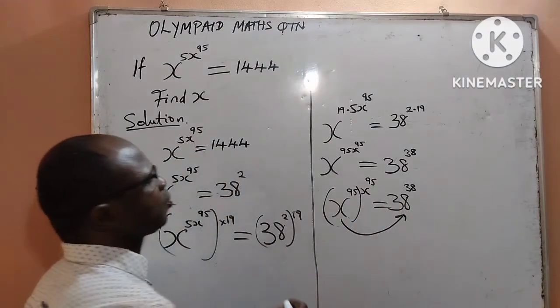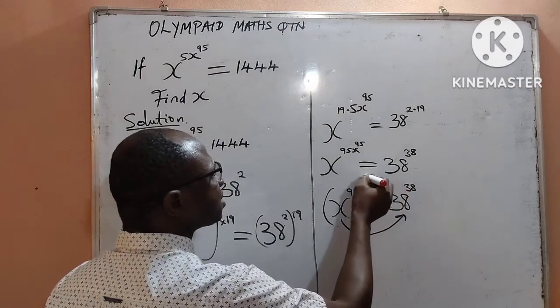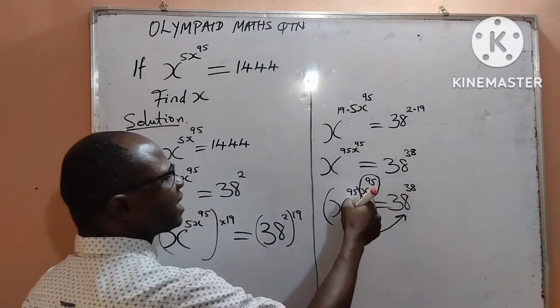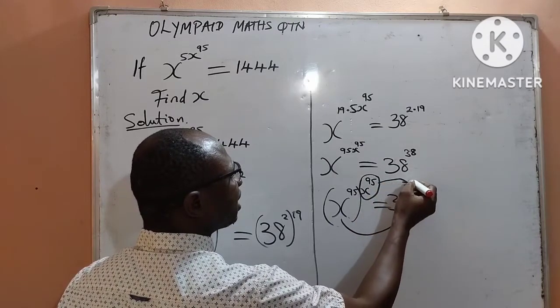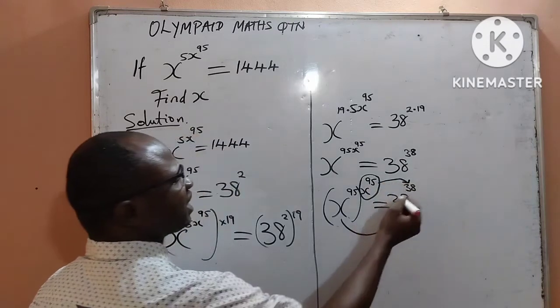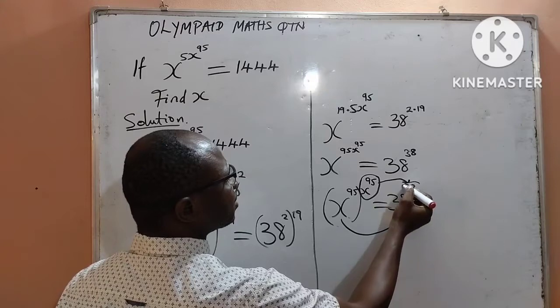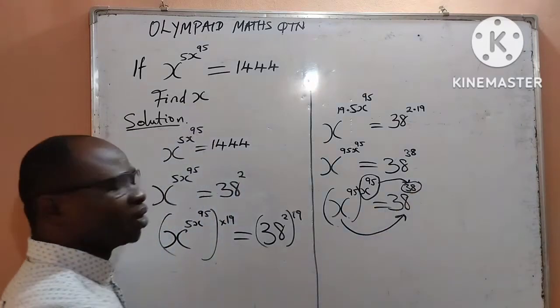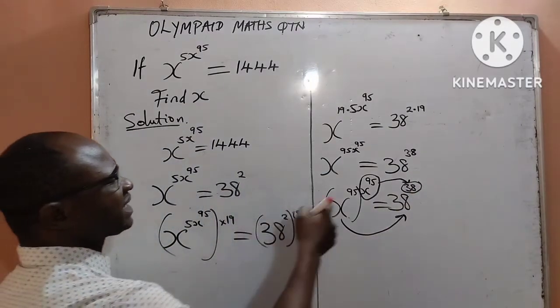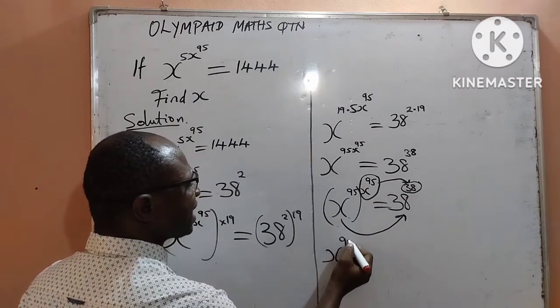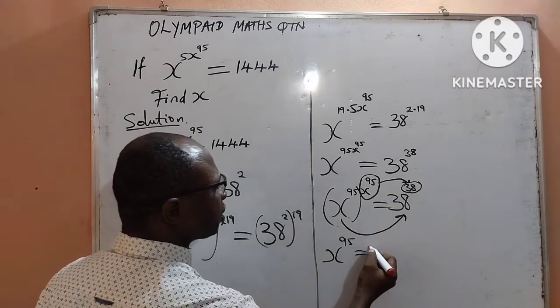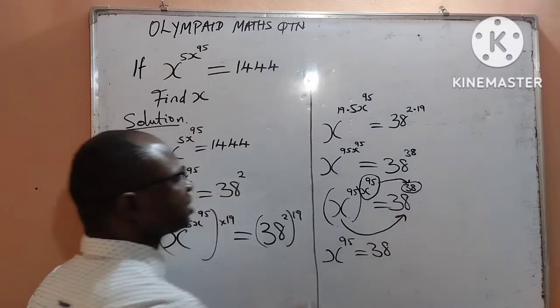And also, watch very well, this power x to the power of 95 is equal to the power of this 38 by the right hand side, as you can see. So, with this, we can now conclude that x to the power of 95 is equal to 38.